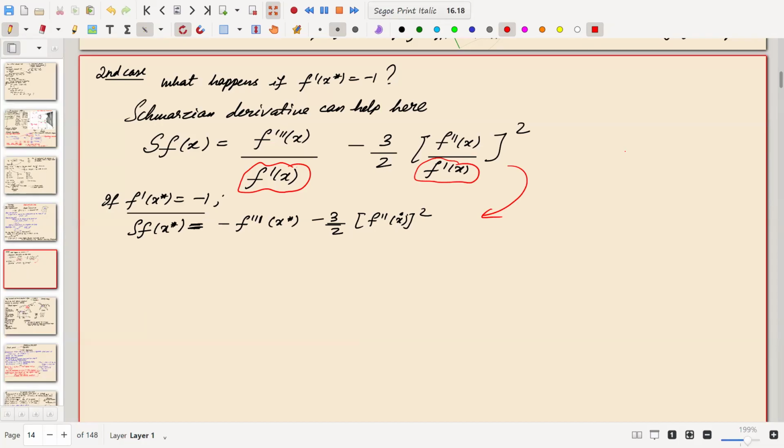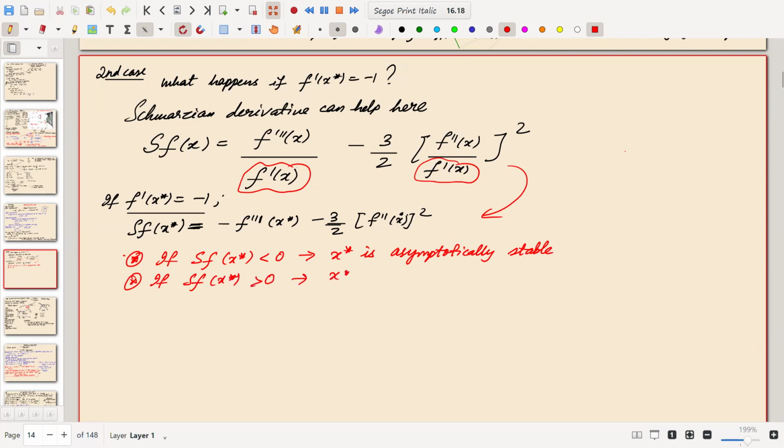Got it, right? So this is the Schwarzian derivative, and the condition is: if SF at x star is less than 0, then x star is asymptotically stable. If the Schwarzian derivative at x star is greater than 0, x star is unstable.